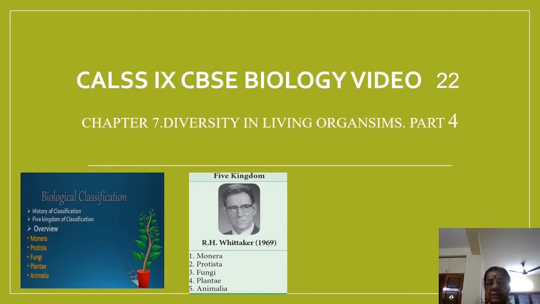What are you seeing in this video screen? We have biological classification. Why do we need classification? What is the basis for classification? All that we started discussing in part 1, video number 14.